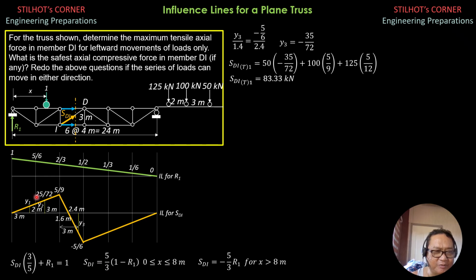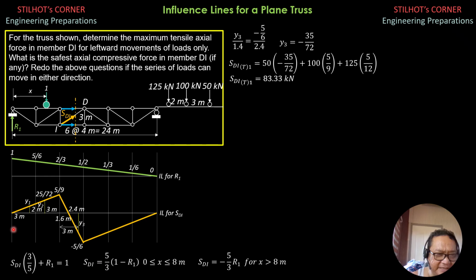So 100 would be somewhere here. The ordinate is 25 over 72 if the 50 kilonewton load is over here. So 25 over 72, and y2, y1, I'll solve that. That's 2 meters, so 3 meters from the 0 end.